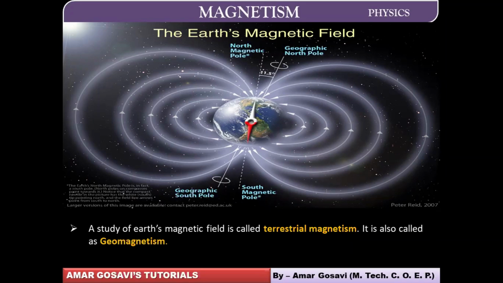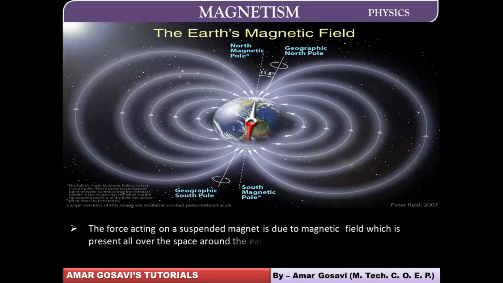Now, when we study geomagnetism or terrestrial magnetism in greater detail, there are basic terminologies which we need to take into consideration. So let's talk about the first one. We need to understand there would always be a force acting on a suspended magnet due to the magnetic field which we have just talked about, because the Earth gets magnetized because of the ions or the circulating charges at the core.